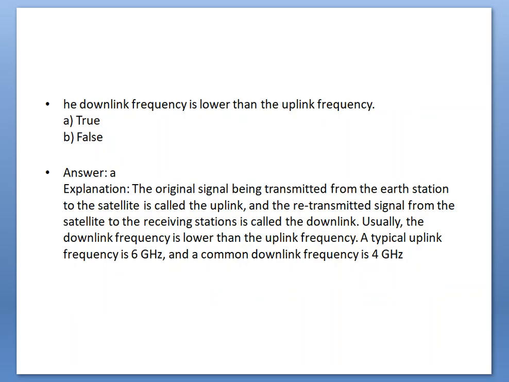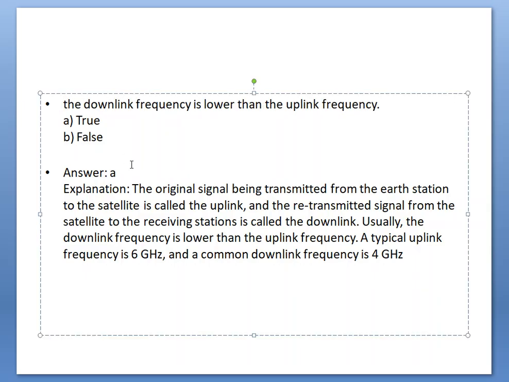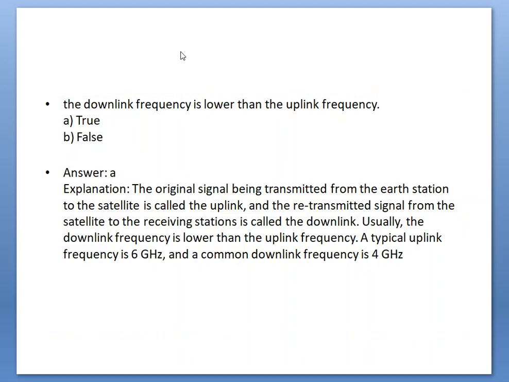Coming to the next bit, the downlink frequency is lower than the uplink frequency. We have to say whether it is true or false. The answer is yes, it is true. The original signal transmitted from the earth station to the satellite is called the uplink, and the signal retransmitted from the satellite to the receiving station is called the downlink.